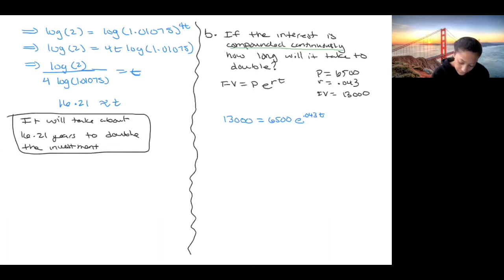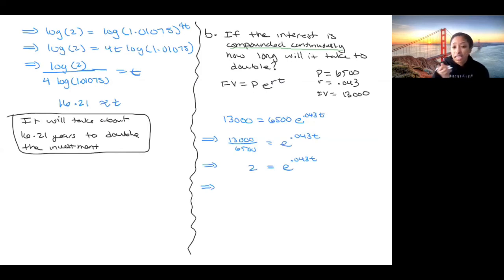All right, then for solving, first step, divide by 6,500 to isolate the exponential term. Then 13,000 divided by 6,500 is 2. So we end up with 2 equals e to the 0.043t. And then once you have your exponential term isolated, you want to take the log or natural log of both sides.